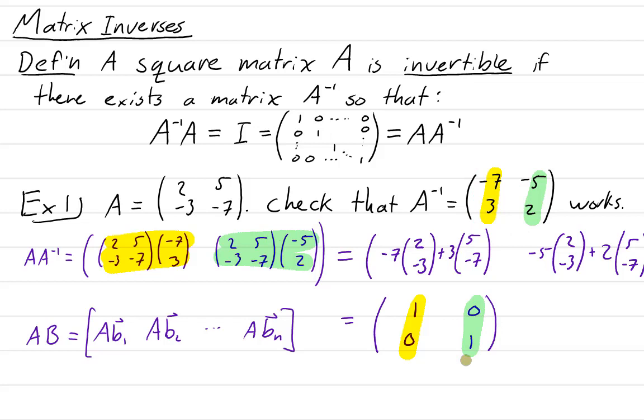Another way of seeing this is that the columns of A inverse are the solutions of the vector equations AX equals E1 and AX equals E2, which is a nice way to think about how this works. I'm actually just checking it with A times A inverse. You could also check A inverse times A if you want.